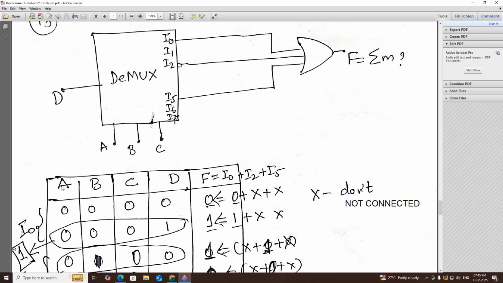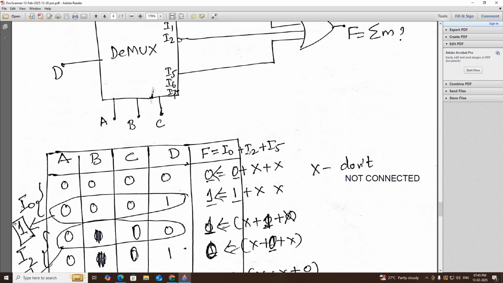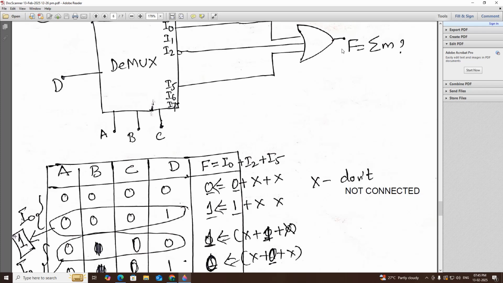I have taken A, B, C, D. Now we'll try to find what F is. F is nothing but I0 plus I2 plus I5, because this is coming to an OR gate.